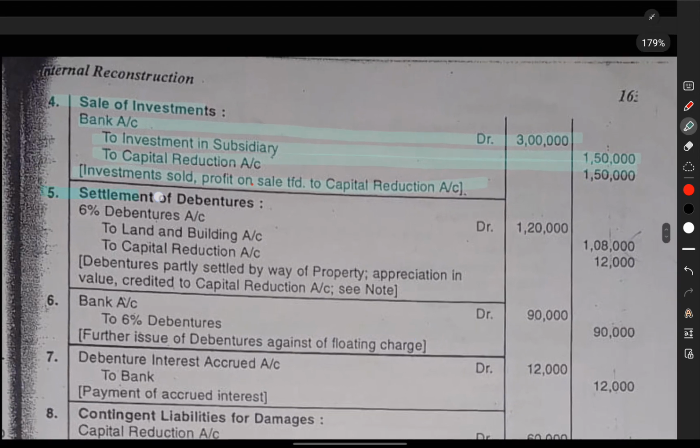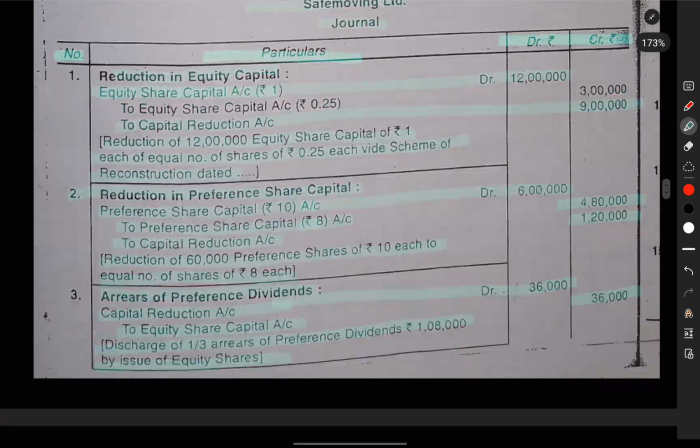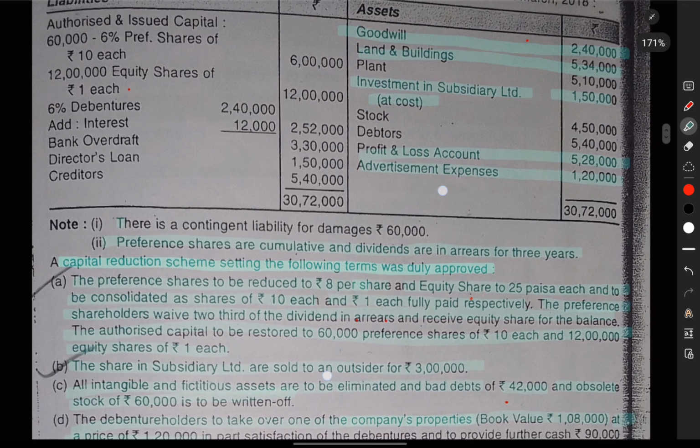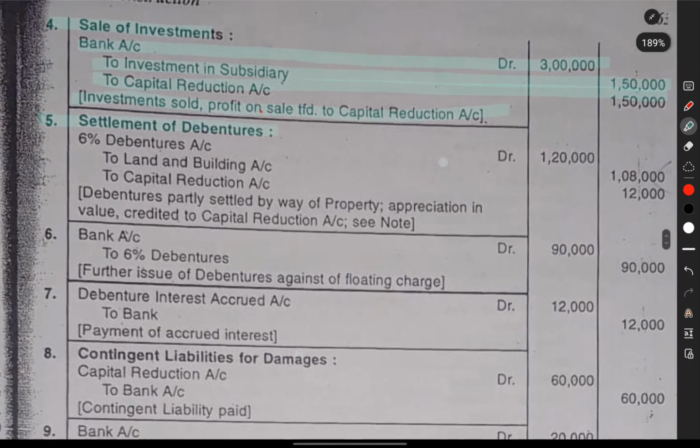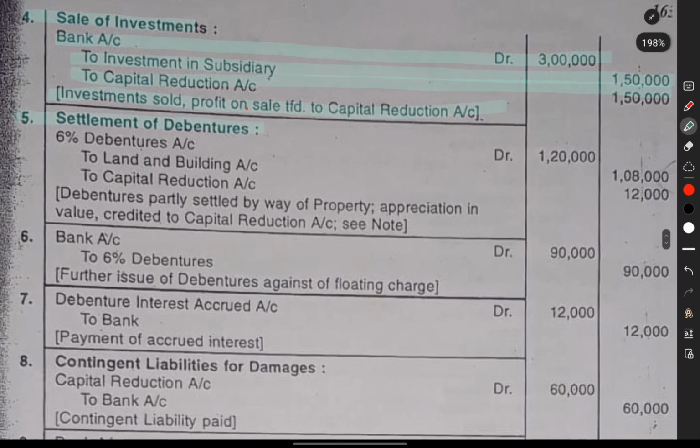So settlement of debenture is as follows. The amount of debenture is 1,20,000 debenture. So debenture is our liability. Now we are settling it.